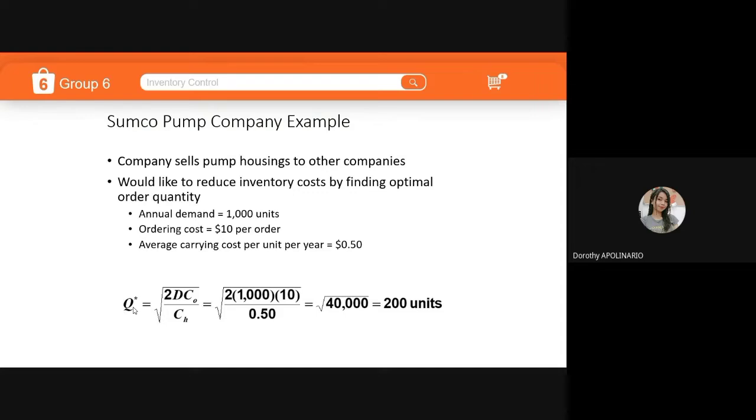After writing the formula, the mathematical equations will then be substituted with their corresponding values. So 1,000 multiplied by 10 is equal to 10,000, multiplied by 2 is 20,000, over 0.50 is equal to 40,000, and then the square root of 40,000 is equal to 200 units. And these 200 units will be the optimal order quantity of Sumco Pump Company. Next, please.